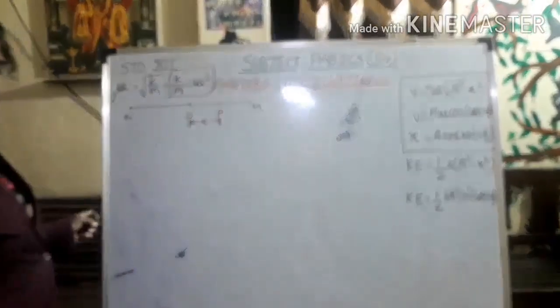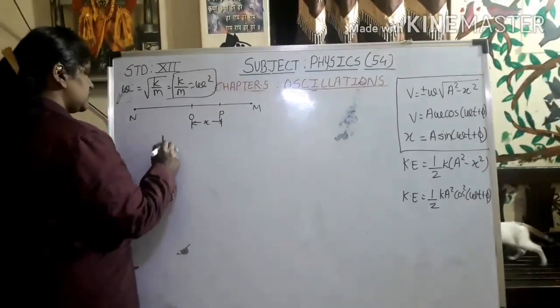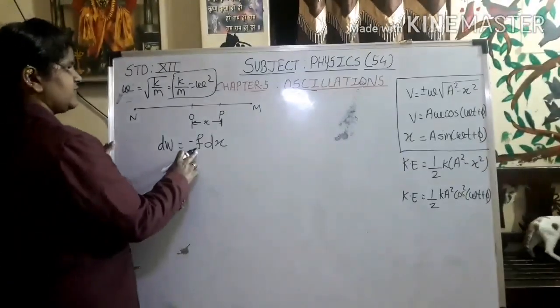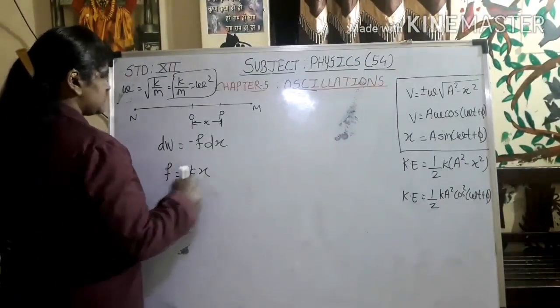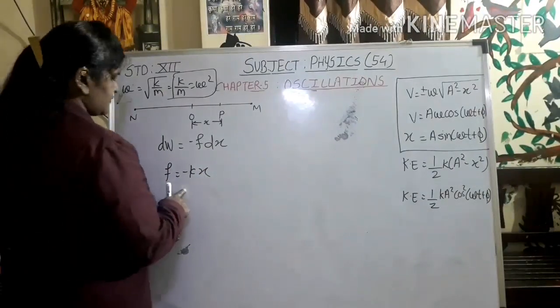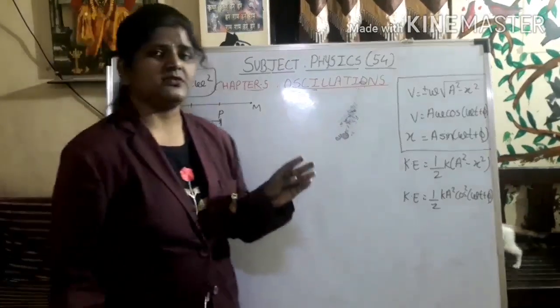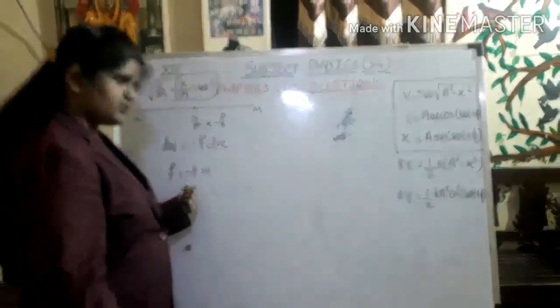Now, work done. What will be work done? Work done is nothing but minus F into dx. Now, what is F? As it is oscillation, we have already said that this is the required equation of F. In the very first derivation of oscillation, when we were deriving the differential equation, we put this equation, right?